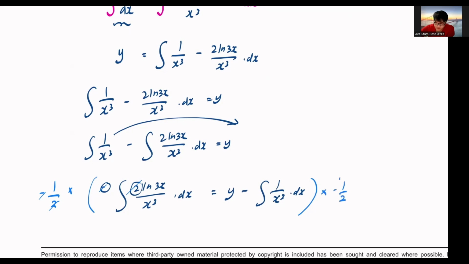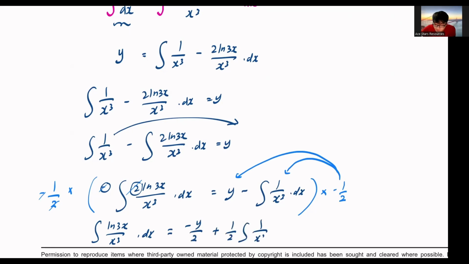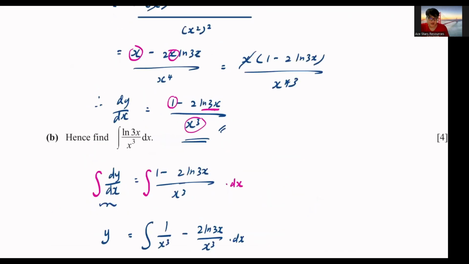So you end up with the integral of ln 3x over x cubed dx equal to negative 1 over 2 times y, plus 1 over 2 times the integral of 1 over x cubed dx. Now, are we done?